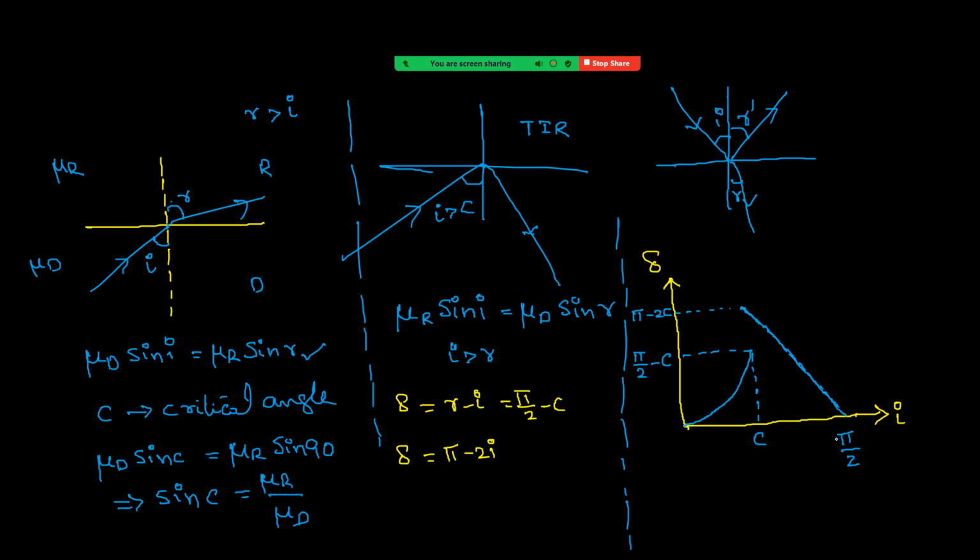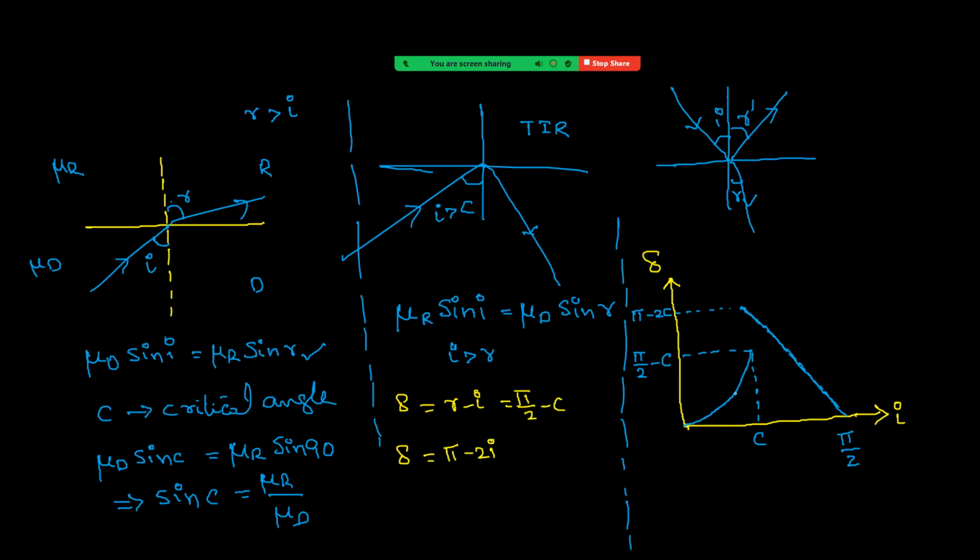See what is the meaning of 90? Its meaning is that the light ray is incident parallel to the surface, right? Then no reflection and no refraction. That's why no deviation.